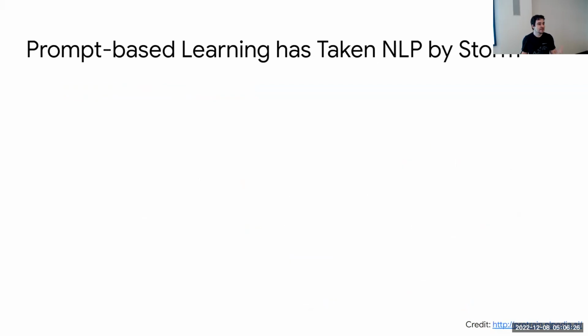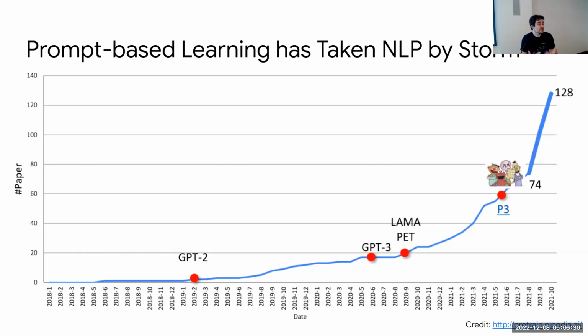This has been simple, but also surprisingly successful in practice. From GPT-2 to GPT-3, the number of papers that use some sort of prompting or in-context learning has really skyrocketed over the last two years.